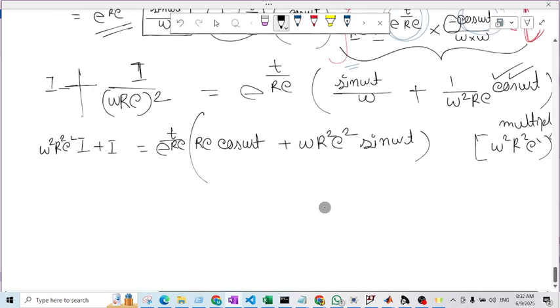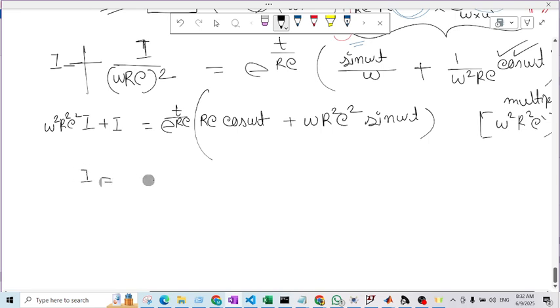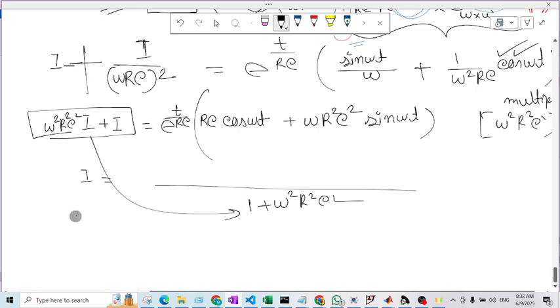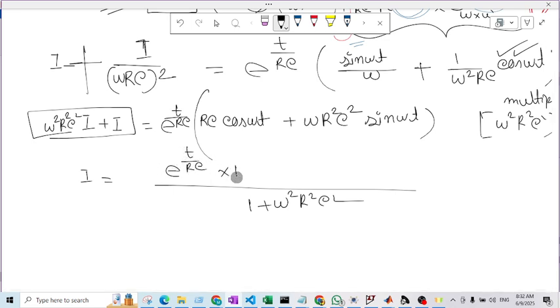Now I is simply equal to 1 plus omega square R square C square, right? The coefficient, let's take it here, so you will get this. So e to the power t by RC, and take RC common here, so we will have cos omega t plus omega RC sine omega t.